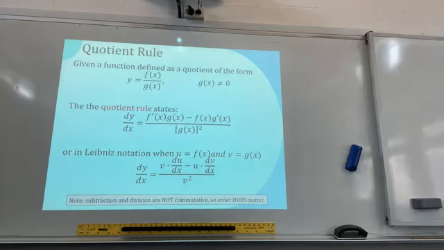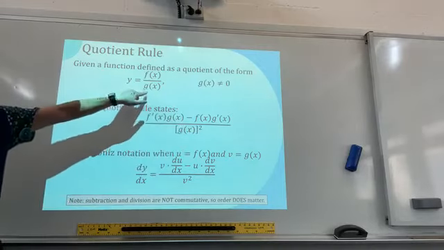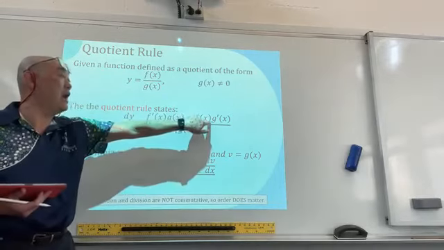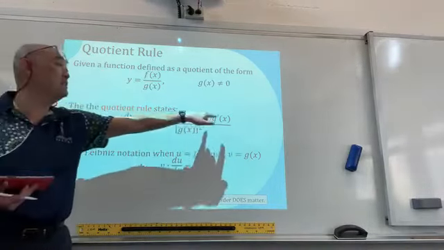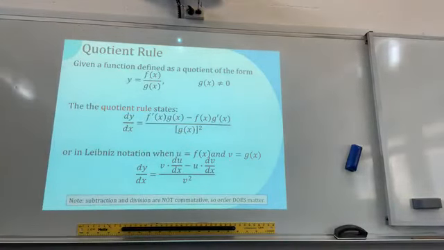Now, this is the quotient rule. Given the function defined as a quotient in the form of f(x) divided by g(x), as long as g(x) is not 0, the quotient rule states that dy/dx equals the derivative of f(x) times g(x), take away f(x) times the derivative of g(x), and then divided by g(x) all squared.